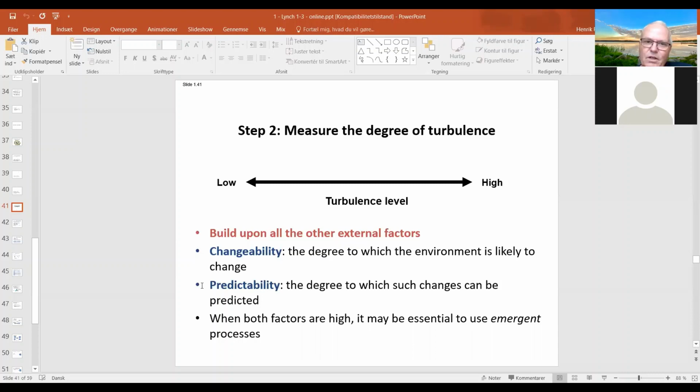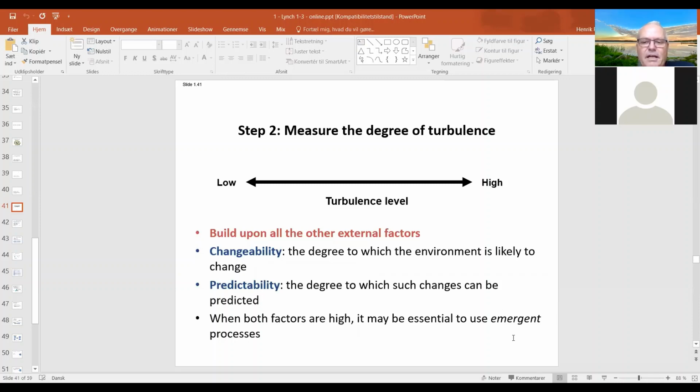So when we have the turbulence level high, that would be high change in the environment and unable to predict. That means if we have a very high turbulence level, then we go down here, and Lynch would say that emergent processes would be more suitable.